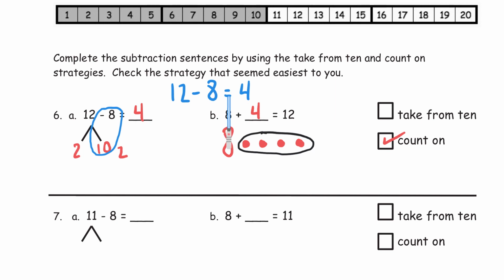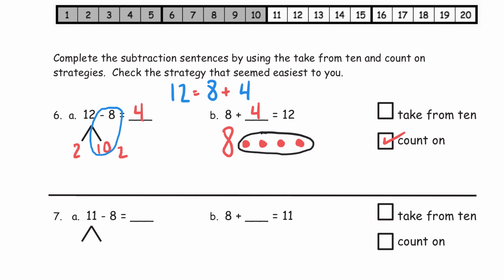If I were to change this equal to a plus sign and this minus to an equal sign, watch what happens. So I'm going to erase those. I'm going to change them up here. So 8 plus 4 equals 12. I didn't do anything with the numbers. The same numbers, I just made these signs change and move around. And it's the same problem as here. 8 plus 4 equals 12.